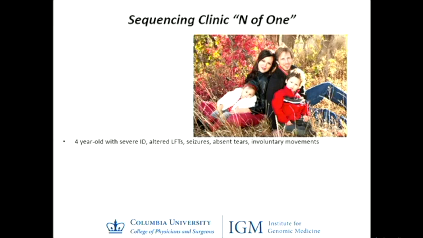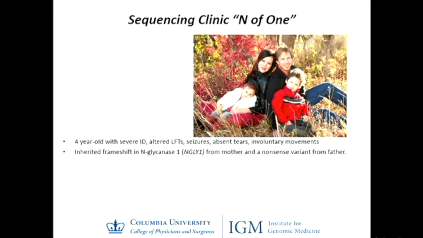Bertrand came to us at about 4 years of age with severe intellectual disability, altered LFTs, seizures, absenteeism, and involuntary movements. At the time, a disorder of glycosylation was, I believe, considered, but the panel was done on known human glycosylation genes and was negative, and hence exome sequencing was followed up.